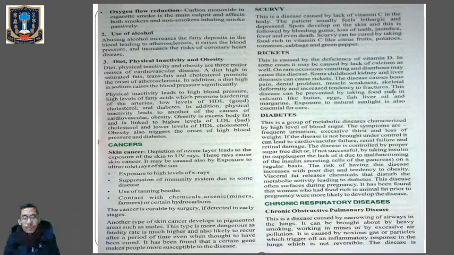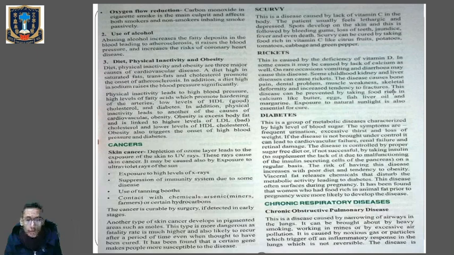Depletion of the ozone layer leads to exposure of the skin to UV rays, and this will cause skin cancer. So exposure to UV rays from the sun has a harsh effect on our body.